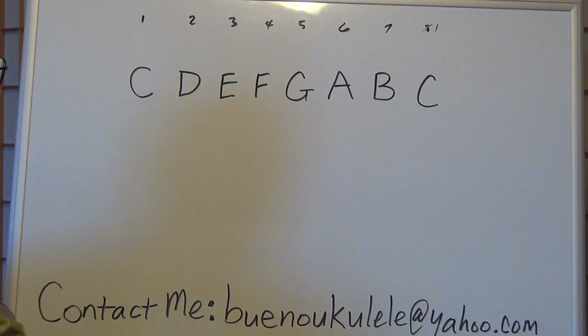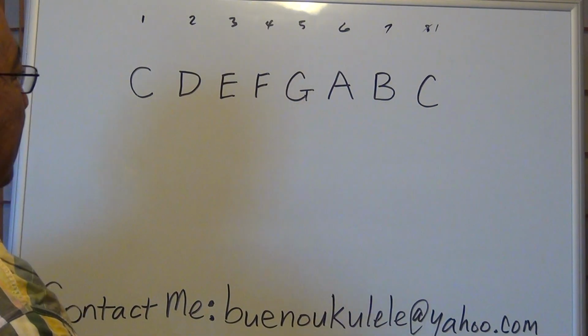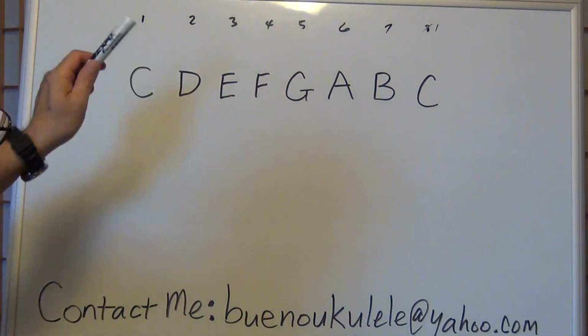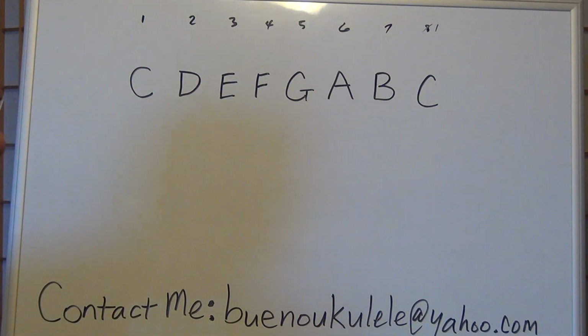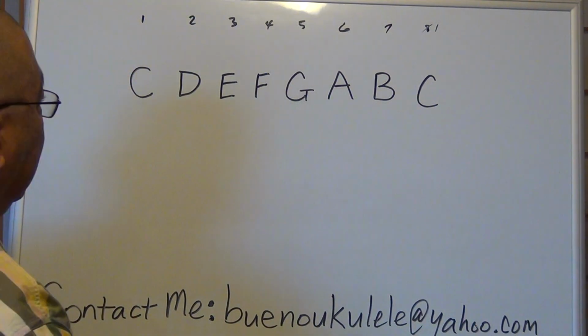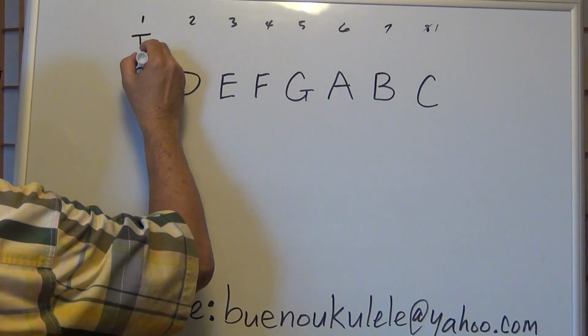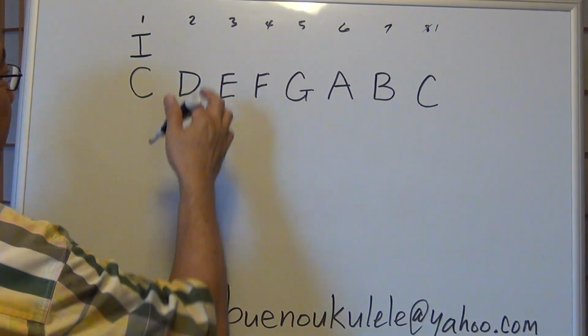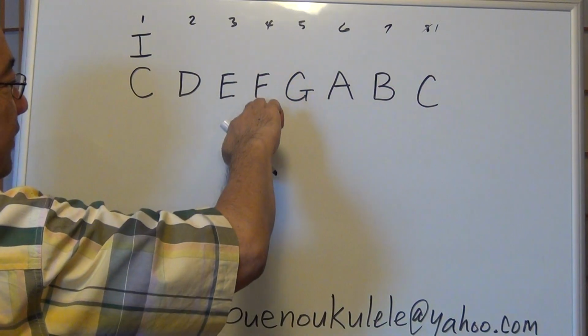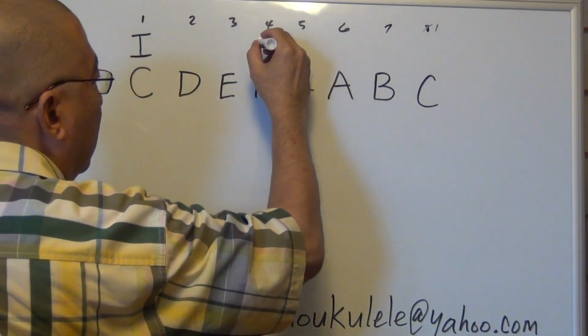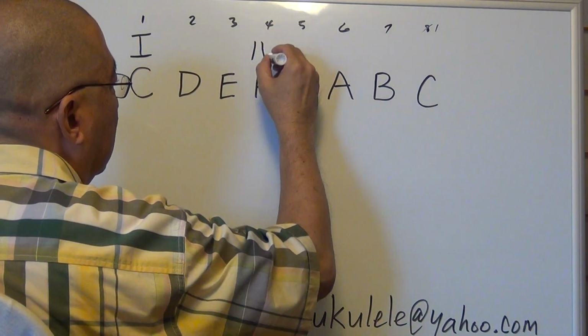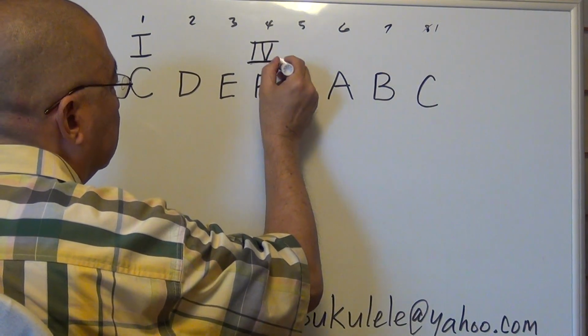We prefer to call it a 1 rather than 8. We talked about each one standing for a number, so the 1 right here would be a 1 chord, remember that? And then the 4 right there, 4, F, would be your 4 chord, and we talked about writing it in Roman numerals.